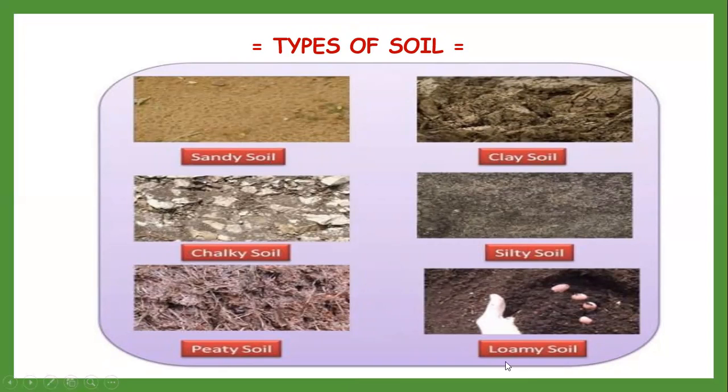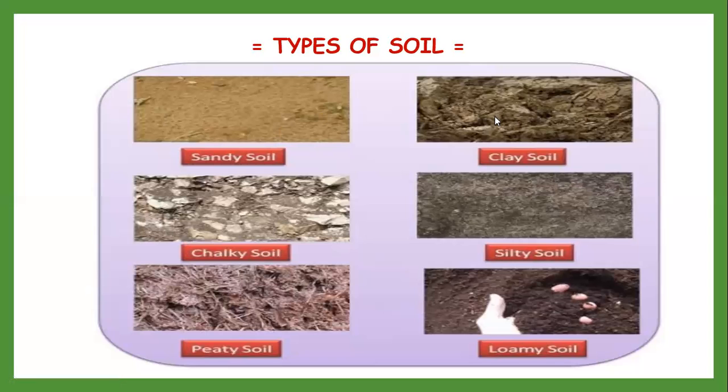And sixth, loamy soil. So look carefully at how the soils look, class. They are very different from each other. Here in Cambodia, you can see a lot of sandy soil, loamy soil, and clay soil.